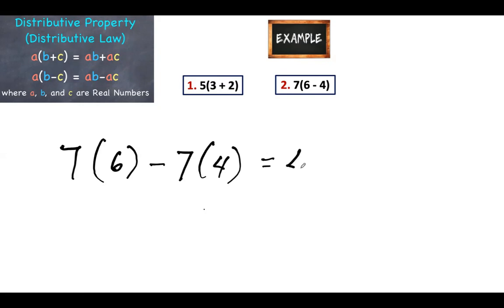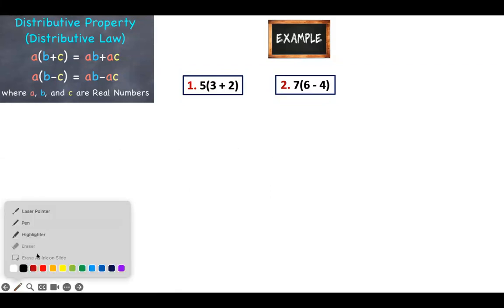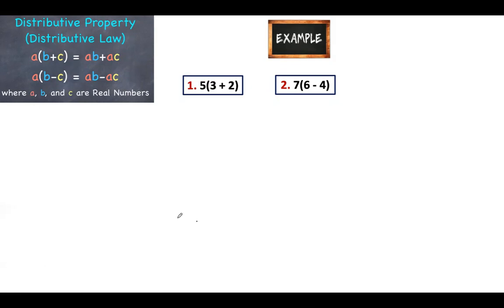So 7 times 6 is 42 minus 7 times 4 is 28, and 42 minus 28 is 14. That's remembering our distributive law, right? And therefore, when we are now dealing with letters, we'll talk more about that in our discussion.